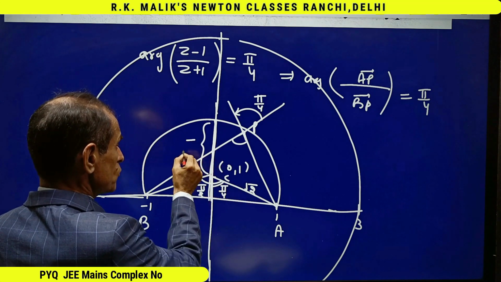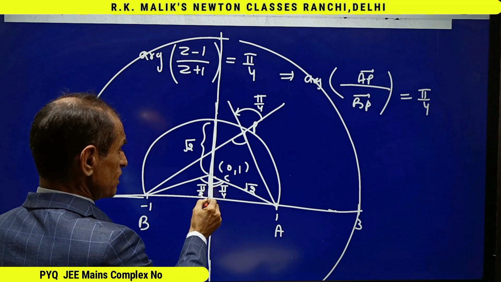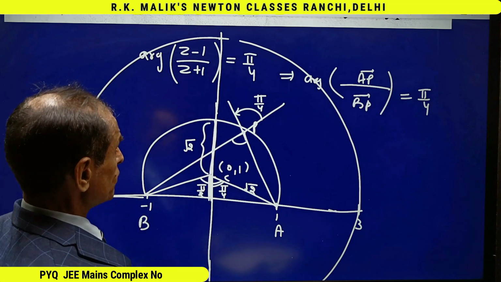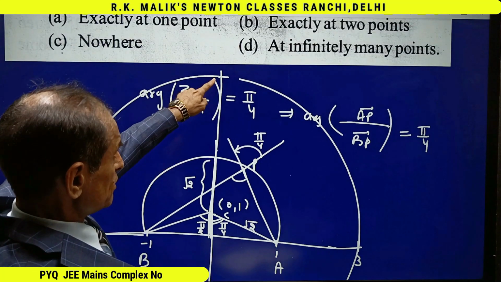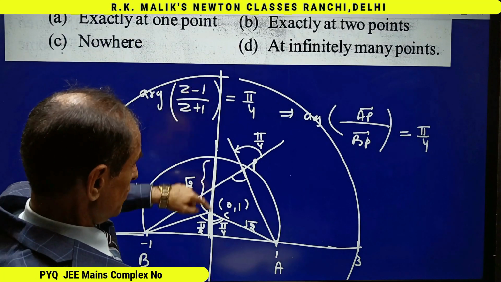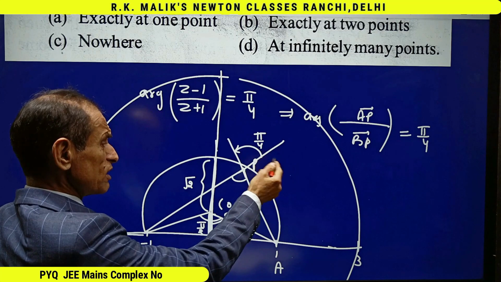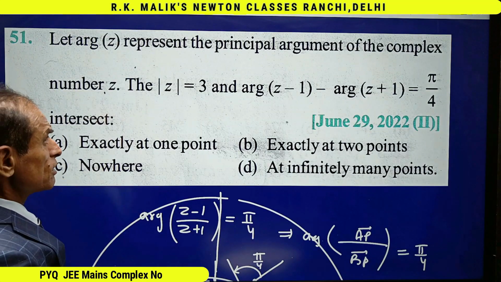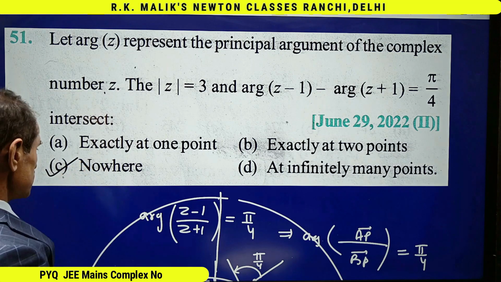Hence, this length is root 2. This length is 1. Therefore, the maximum height is root 2 plus 1. But the height of this point is 3. That is, they cannot intersect anywhere. Hence, the correct choice becomes C.